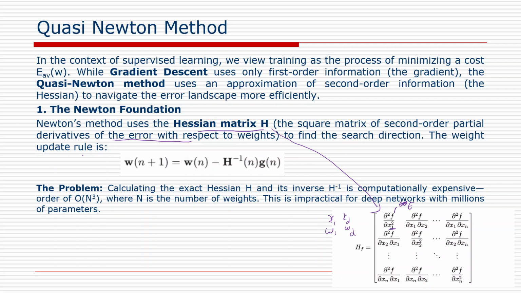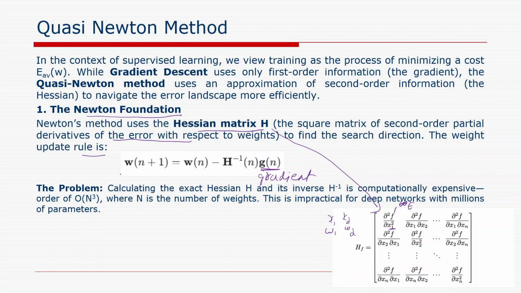The weight update rule under the Newton method is W(n+1) = W(n) - H^-1(n) g(n), where g(n) is the gradient.